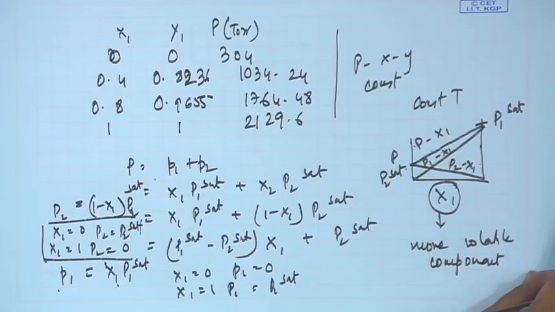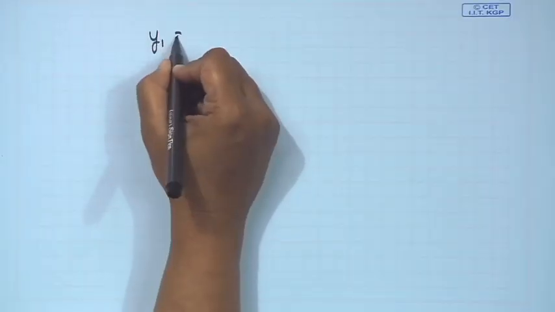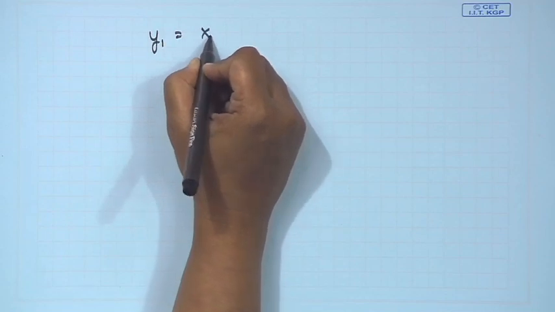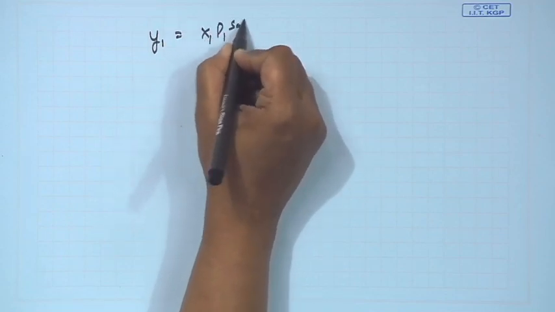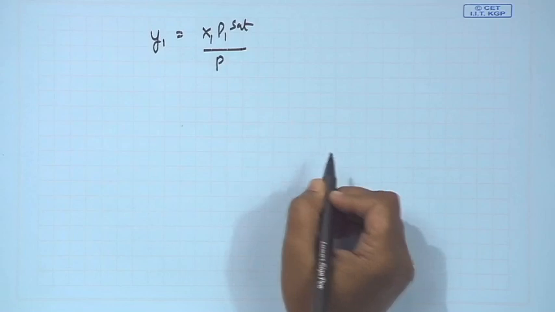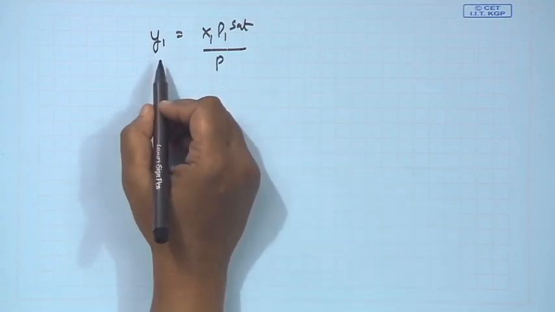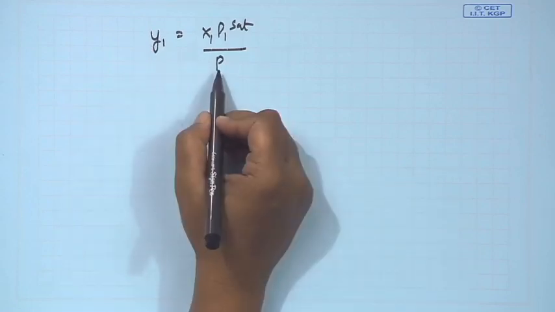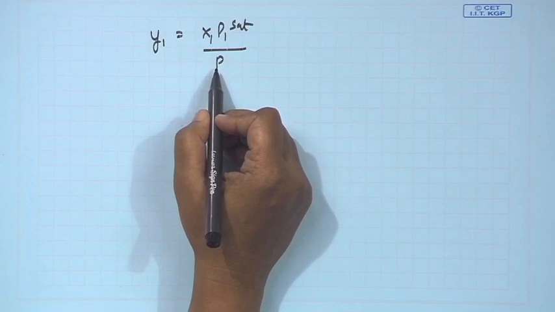What about the vapor phase? In the vapor phase, suppose we take y1, this equals x1 P1 saturated by P. So, we find that the relationship between y1 and P is not linear, right.